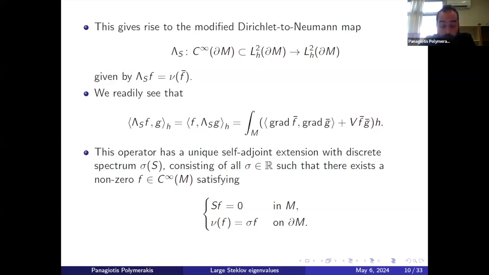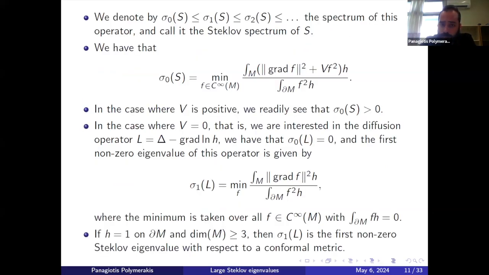Elements in the spectrum of this operator will be called Steklov eigenvalues of S and will be denoted by sigma 0 of S, sigma 1 of S, and so on, as in the case of the usual Steklov spectrum.